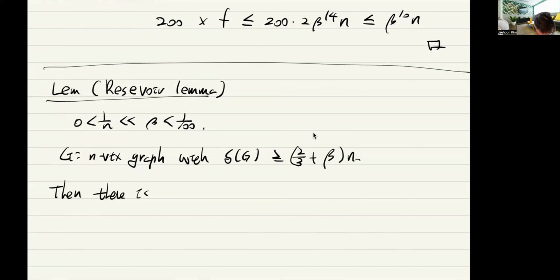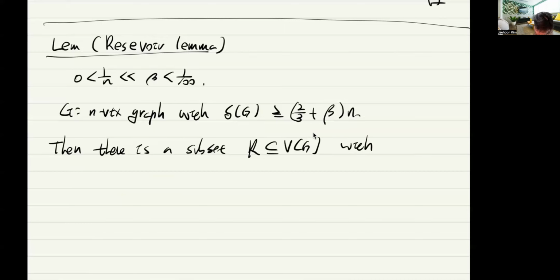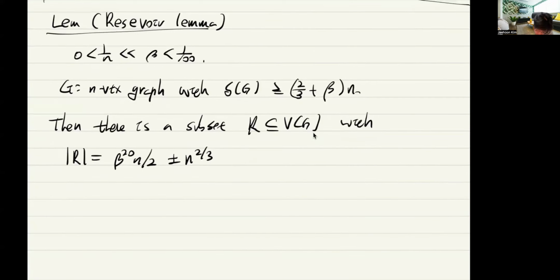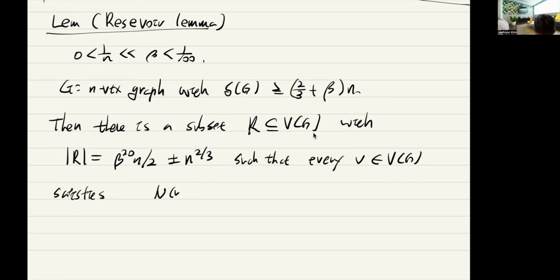Then there is a subset R, a reservoir, with its size being very close to beta to the 20 n over 2, say, such that every v satisfies that the number of its neighbors in R is bigger than 2 over 3 plus beta over 2 times the size of R.